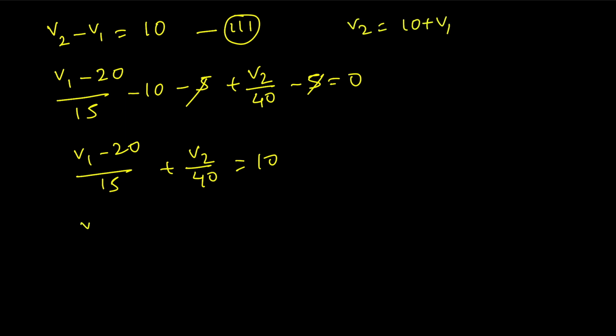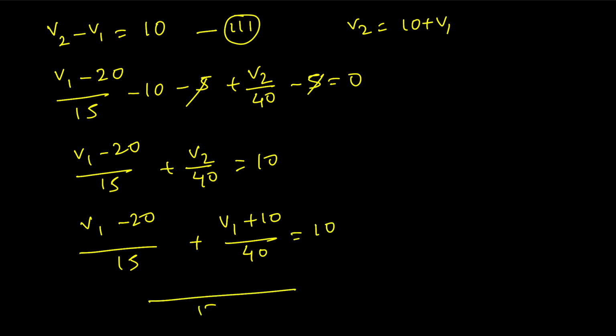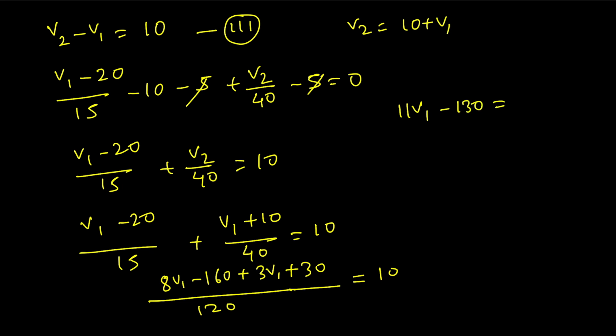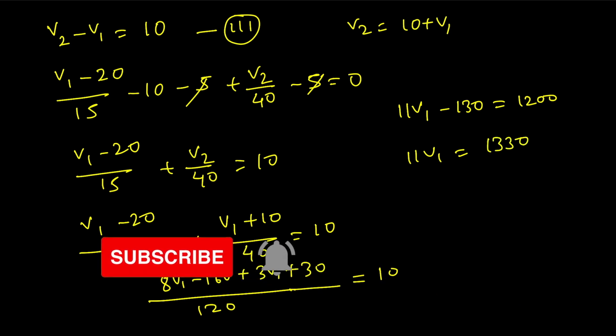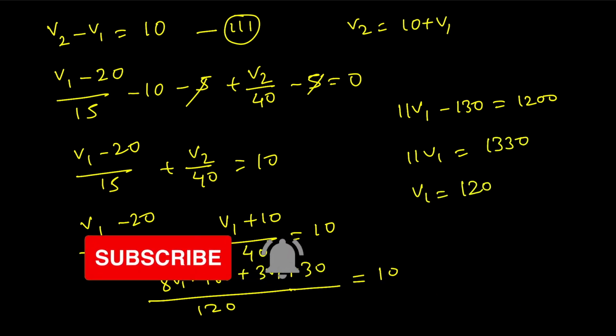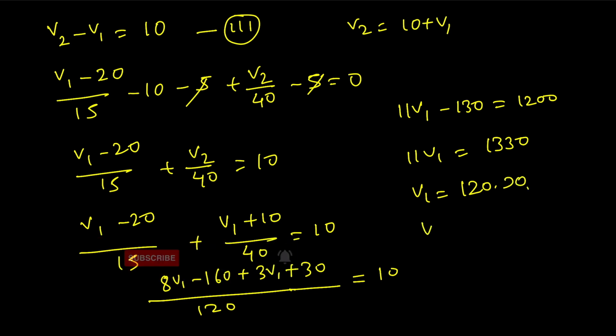So if we put that value here, then we can write down (V1 minus 20) by 15 plus (V1 plus 10) by 40 is equal to 10. That means here it will be 8 V1 minus 160 plus 3 V1 plus 30 equal to 1200. That means 11 V1 minus 130 equal to 1200. That means 11 V1 will be equal to 1330. So V1 will be equal to 120.90. That means V2 will be equal to 130.90.